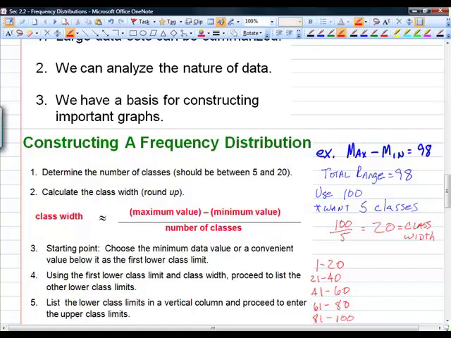Do you see how I came up with these numbers for my boundaries? Another option could have been to start at 0 if I had a 0 value. But you want to make these class widths the same and have a convenient starting and stopping number. Usually multiples of 10 or 5 or 2 are nice numbers for us.